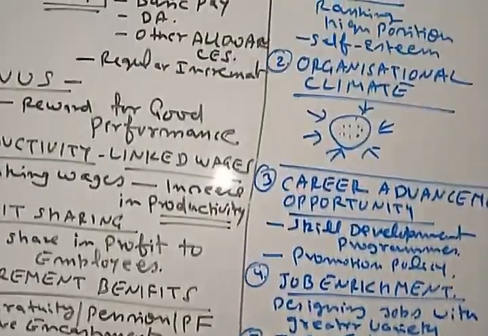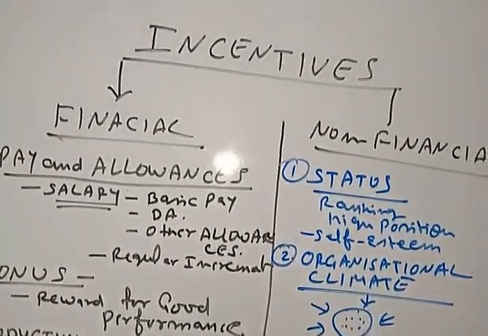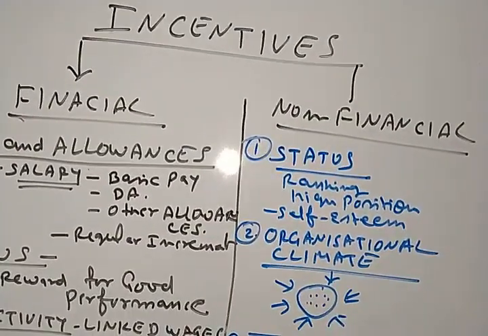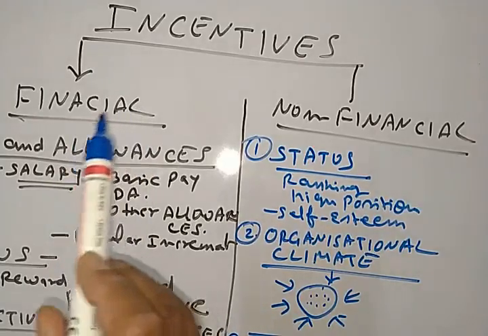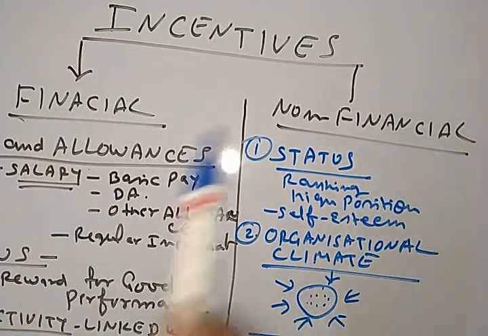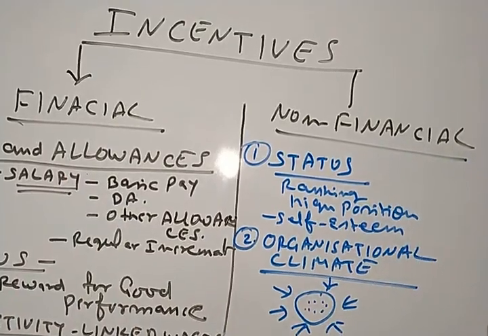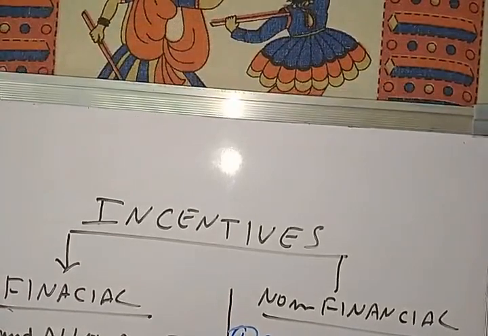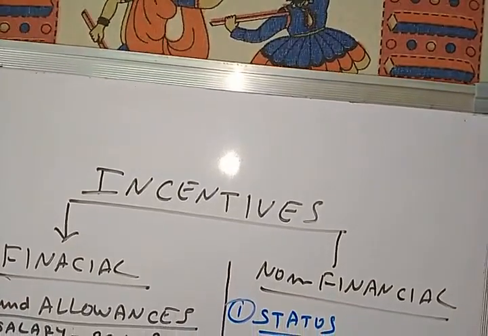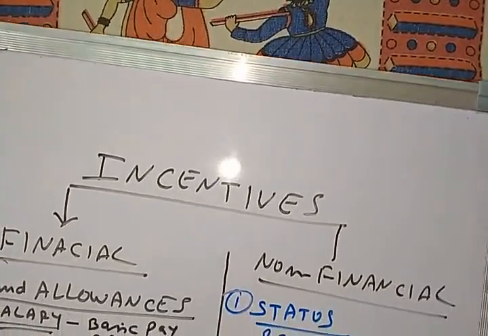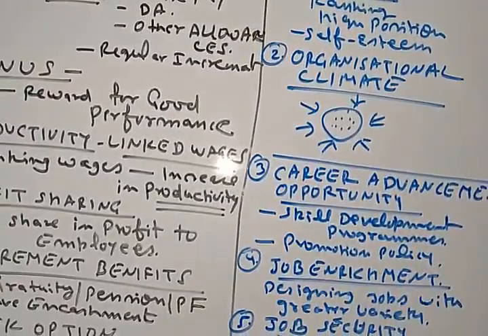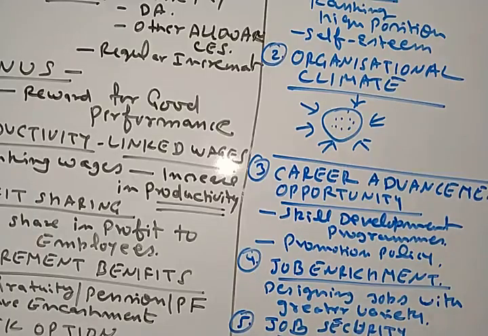So, this is all about the discussion about incentives, which we started today. These are of two types, financial and non-financial, and both types of incentives we have discussed. So, hope it will help you to understand these incentives, and it will help you to understand how incentives motivate the employee for better working, as Maslow has explained in his Maslow's need hierarchy theory.